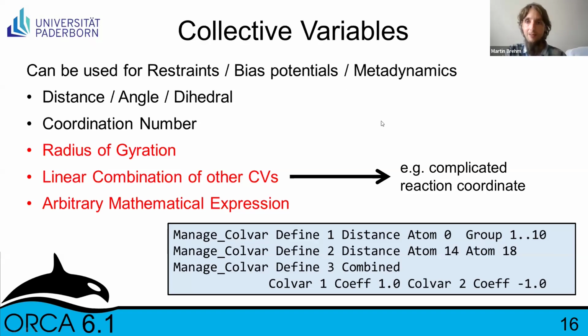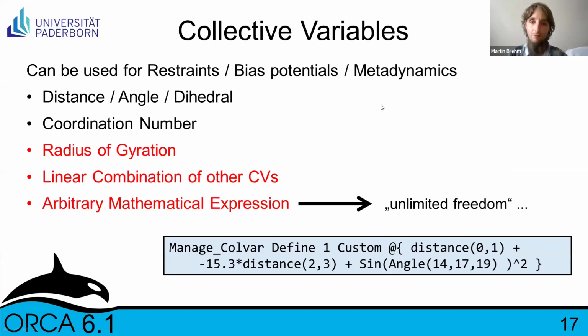And if this flexibility is not enough for your case, you can now even use arbitrary mathematical expressions to define your CVs, which leads to something like unlimited freedom. Here's one example. We say CV type custom, and then there comes a strange syntax, which is the syntax for lambda expressions in this input language. And here you just put any expression you want.